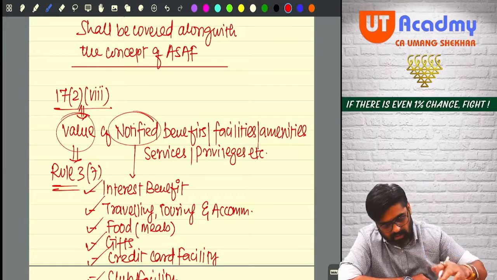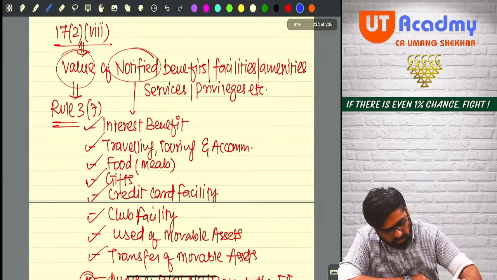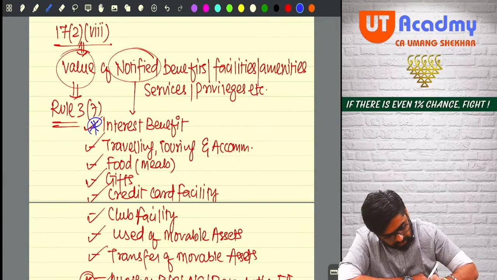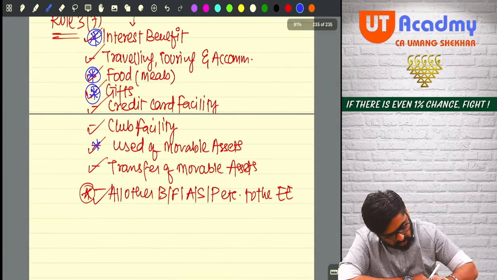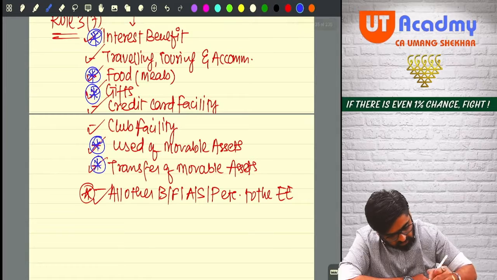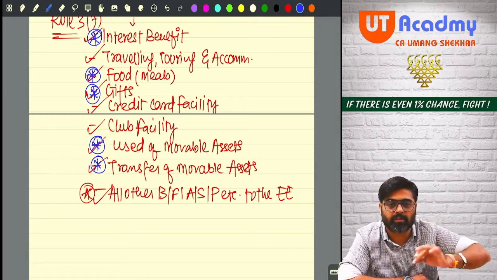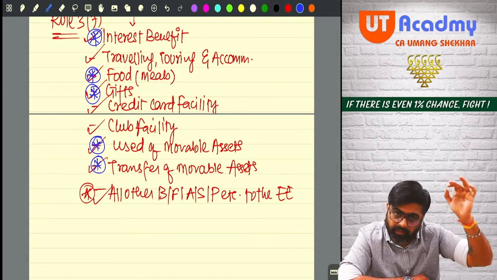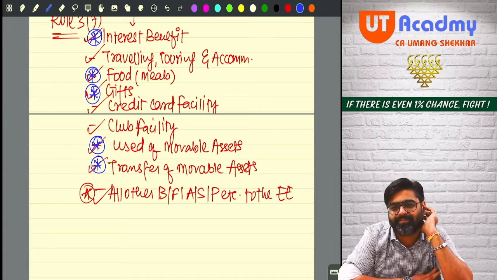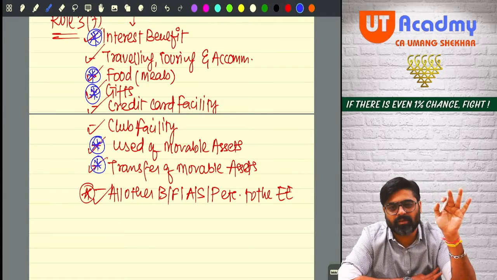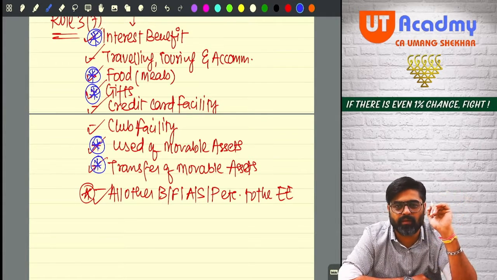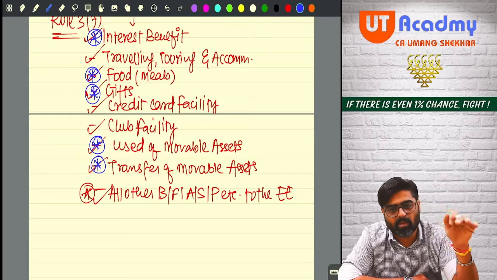But wait, we are supposed to learn the valuation only for interest benefit, food, gifts, use of movable asset and transfer of movable asset. Rest all the taxable value will be given in the question. You will be told that credit card facility is given by the employer amounting to this much.